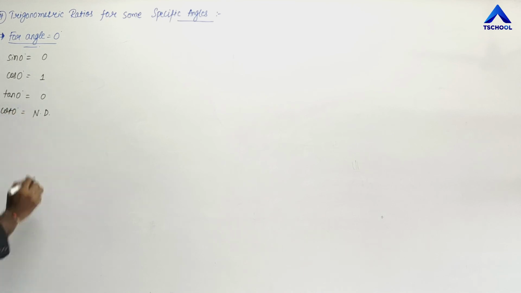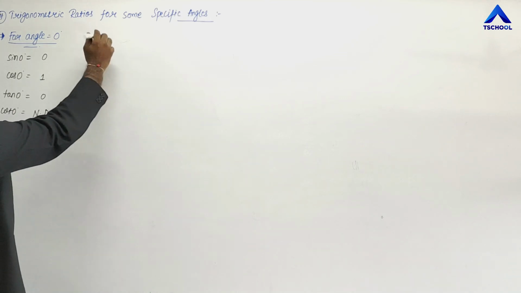I am writing it in short, ND. Then sec 0 is equal to 1 and cosec 0 is equal to not defined, ND, right? So that is the first one for theta equals 0.